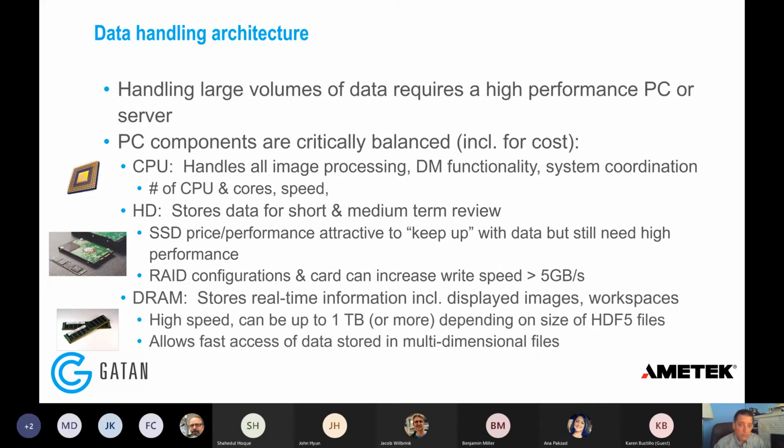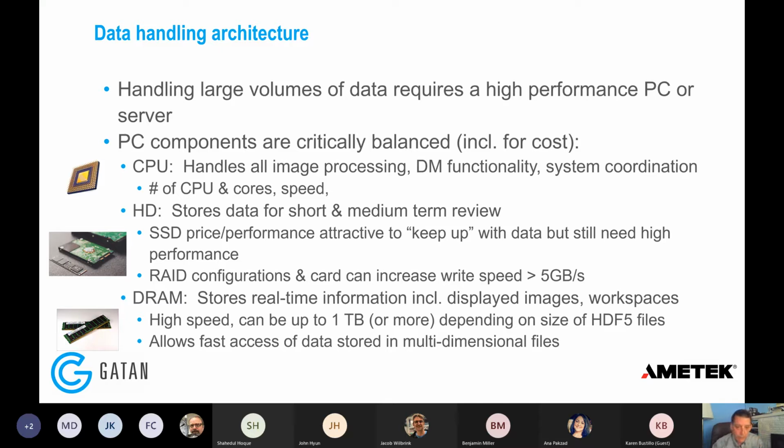And memory, so DRAM, stores real-time information. For example, if you're looking at Windows in GMS workspaces, you can load these PCs up with a terabyte or more of DRAM, depending on what you're doing. And again, it's relatively high performance DRAM. It is commercially available, so that reduces the price significantly.